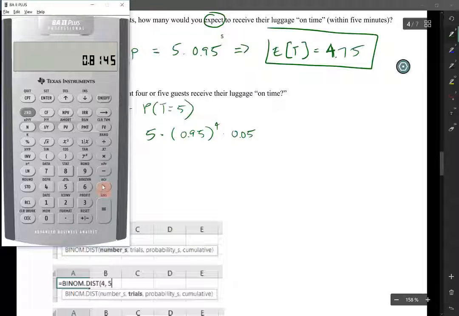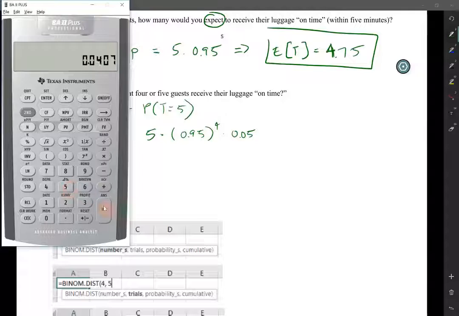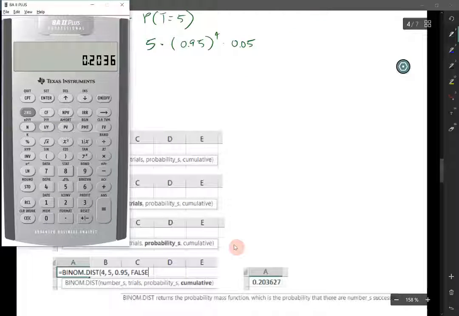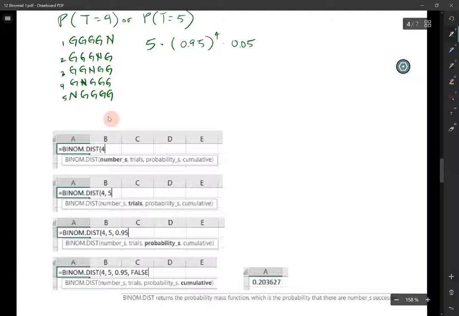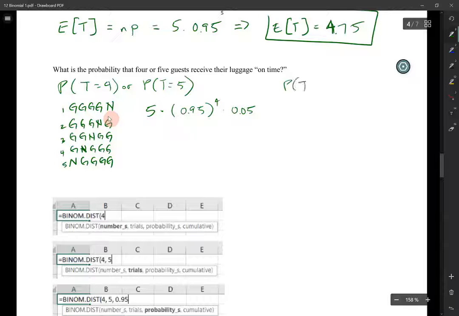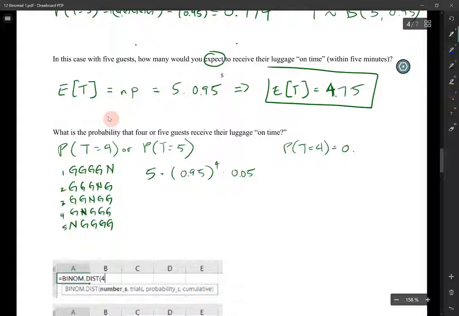Now we multiply it by 0.05, and now we multiply it by 5. That's actually what Excel is doing. So you can do it on the calculator. So let me see, how should I write this down? P that t equals 4 is equal to 0. Let me get it from this page.